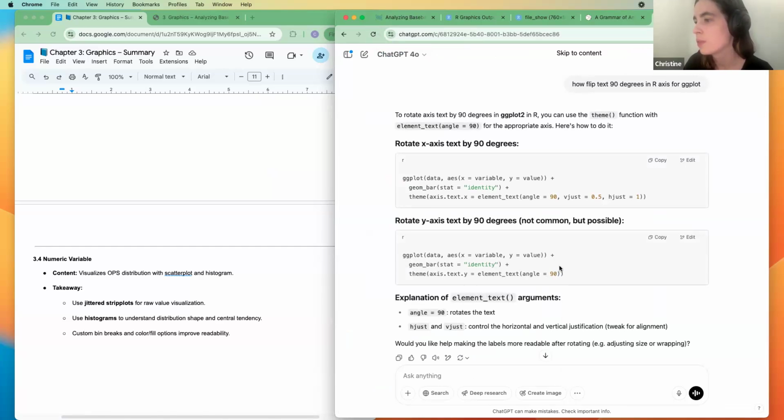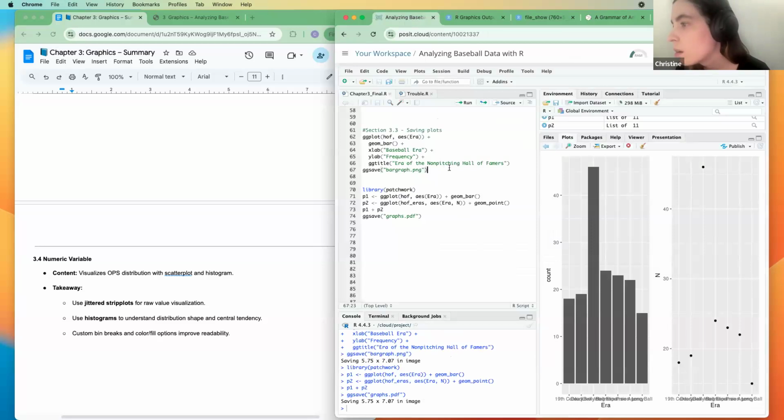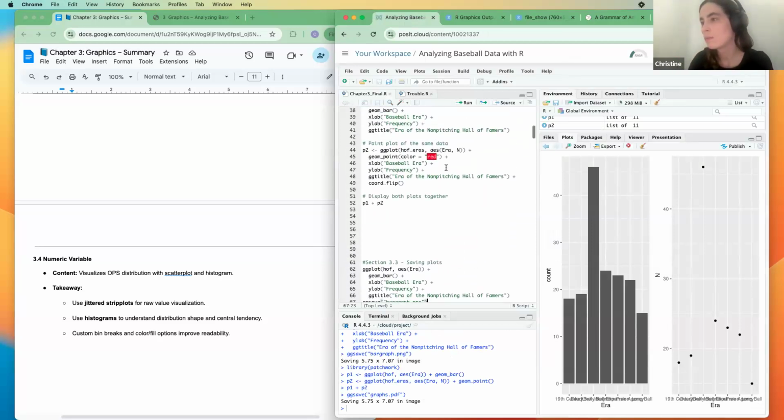Oh, seems very complicated, but let's try this one out. So it has us using the angle. We want to do it for the x-axis. Oh, weird flip.